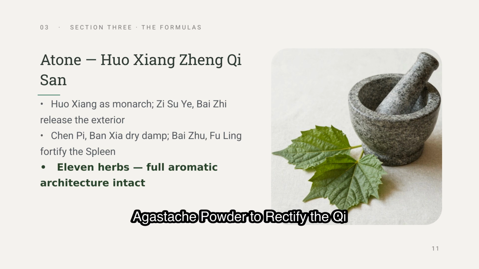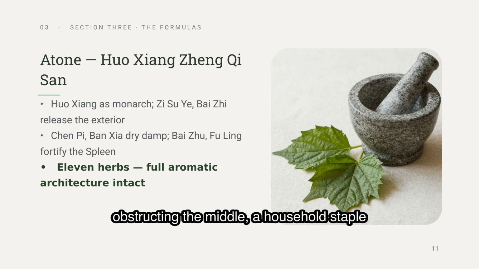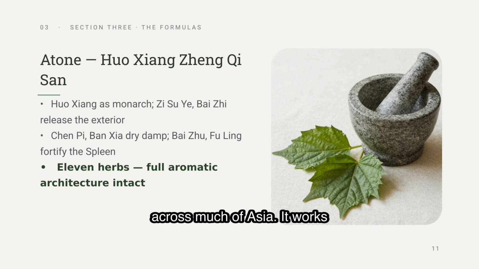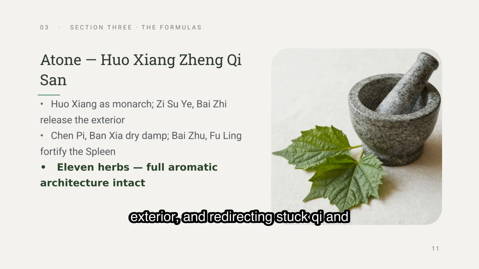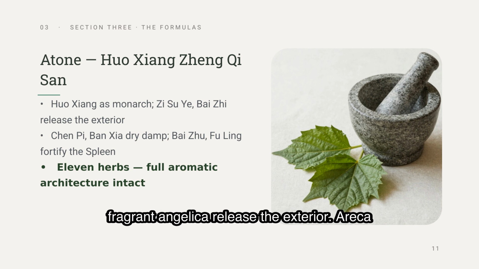Agastache powder to rectify the qi is the classic for external damp obstructing the middle, a household staple across much of Asia. It works by aromatically transforming damp, releasing the exterior, and redirecting stuck qi and fluid, not by attacking. Agastache is the monarch. Perilla leaf and fragrant angelica release the exterior.